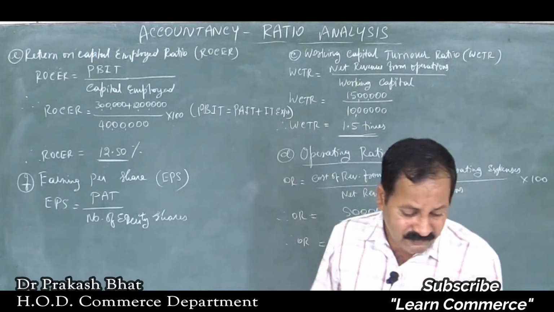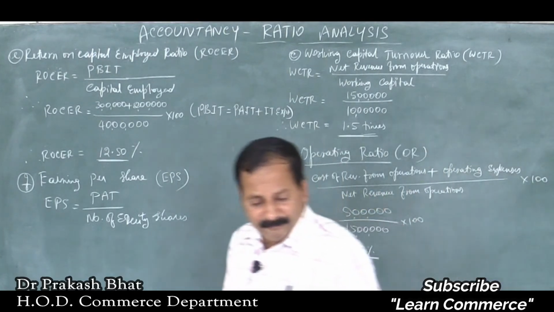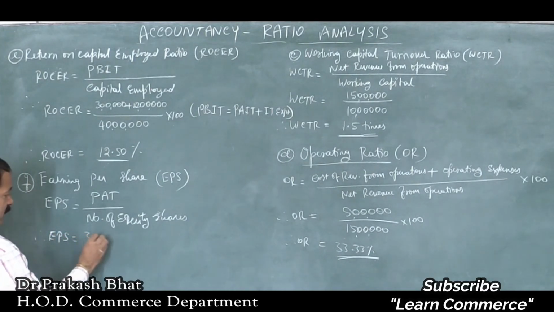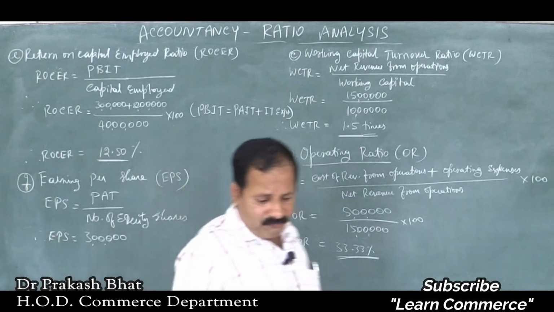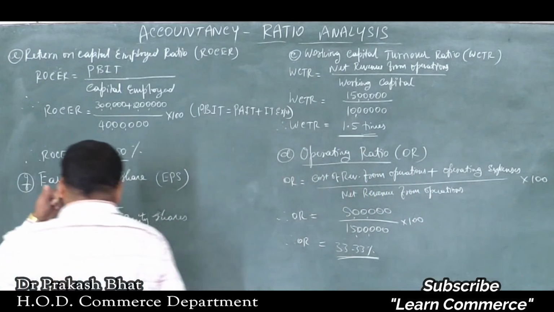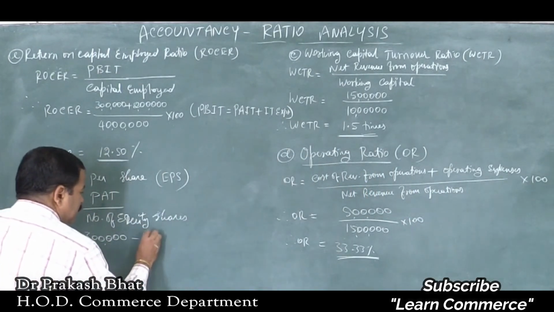Am I correct? Yes. So EPS is equal to 3 lakh available for distribution minus 1 lakh, that is preference dividend.